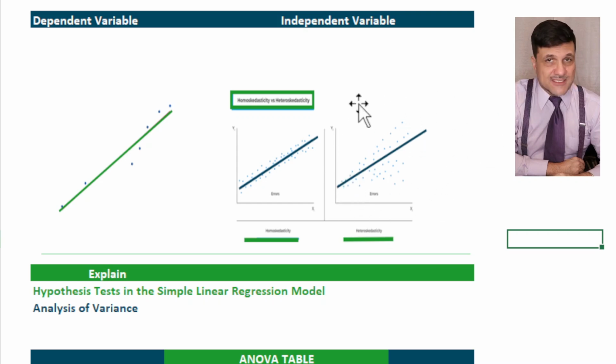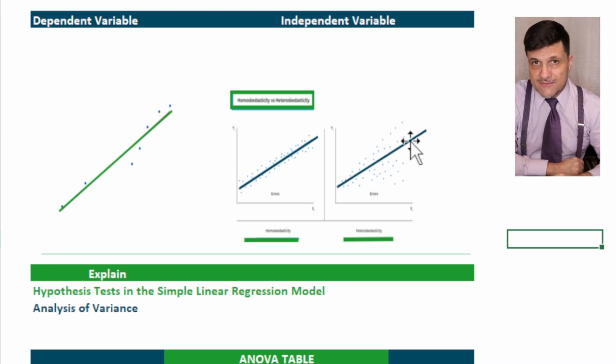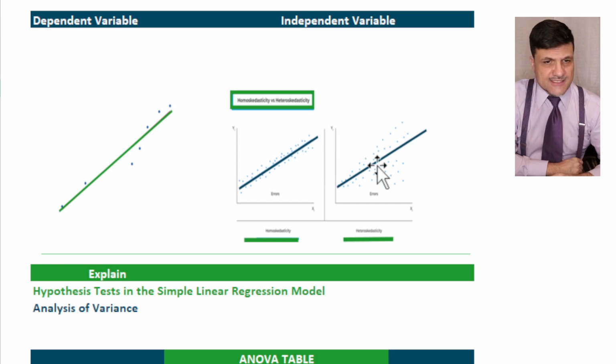That's heteroskedasticity, and this is a violation of linear regression, and this will not be a good fit model. A model that exhibits heteroskedasticity will not be a good predictor model, and you cannot use it. Then what to do? Increase the sample, change some of the assumptions, do something, but this cannot proceed. This one you can. Okay?